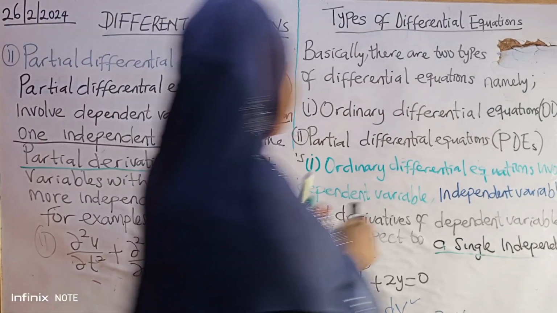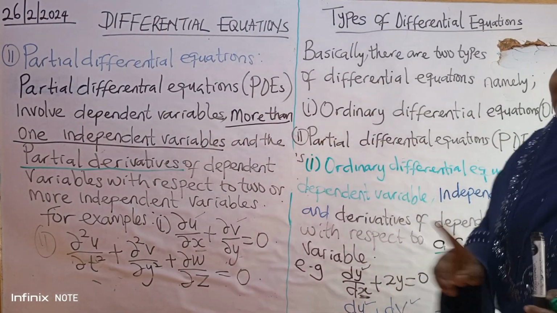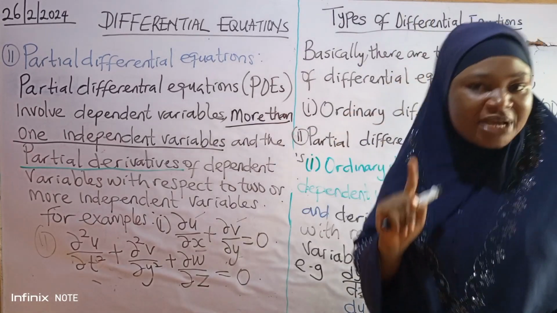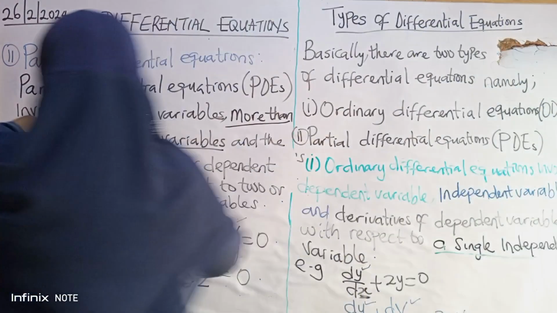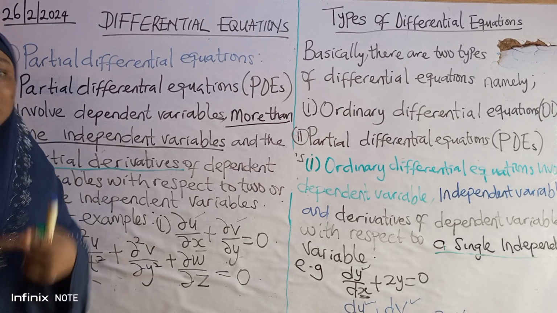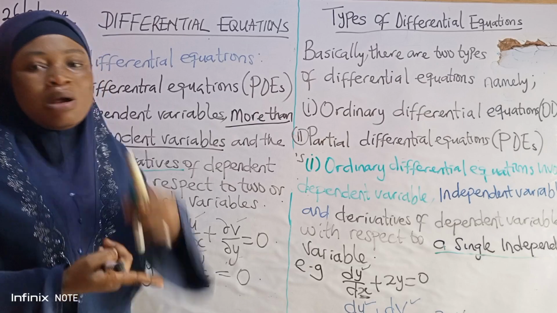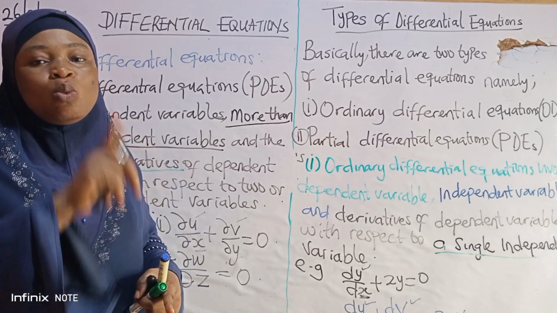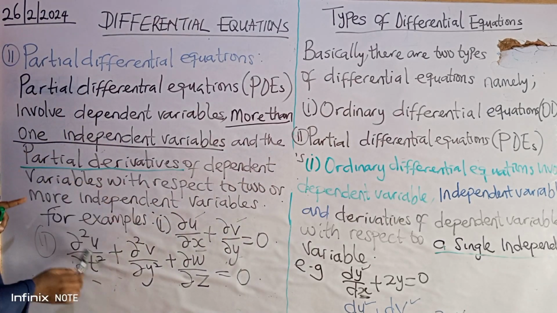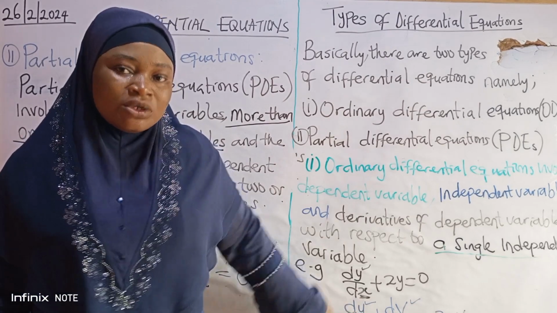So unlike an ordinary differential equation, which will not have a partial derivative and must have just one independent variable, a partial differential equation can have more than one dependent variable, and the independent variables must be two or more, and it should have partial derivatives, not ordinary derivatives.